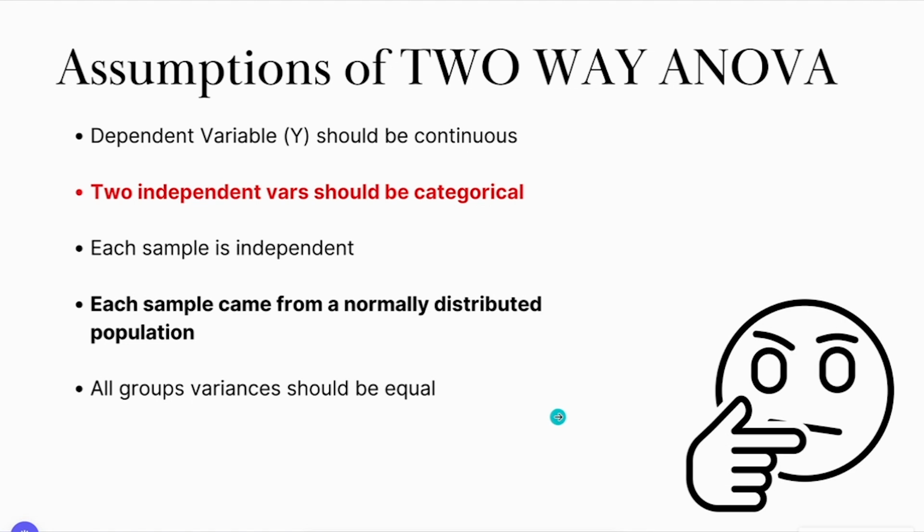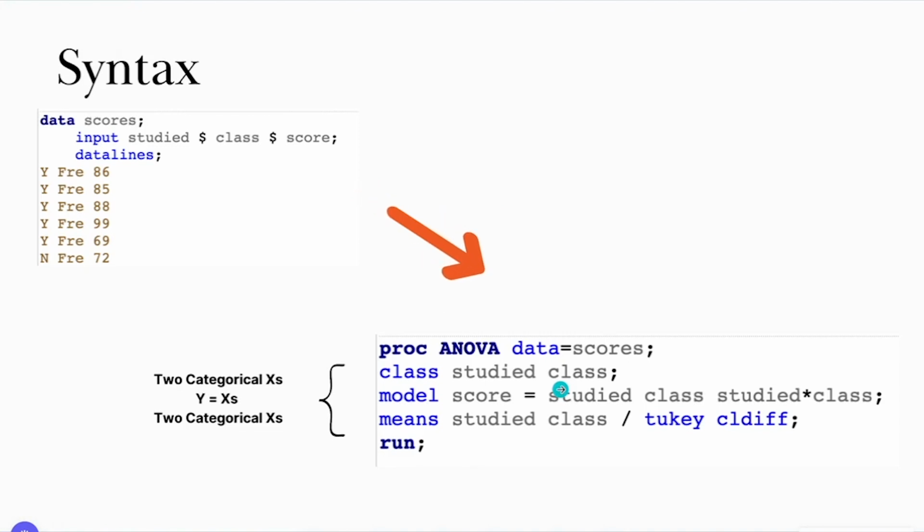Each of those samples or groups are independent. Each sample also comes from a normally distributed population, and the group variances are equal. So there are ways that you can go about testing some of these assumptions, and that will be in a later video. So once your assumptions are intact, you are now able to perform your two-way ANOVA in SAS.